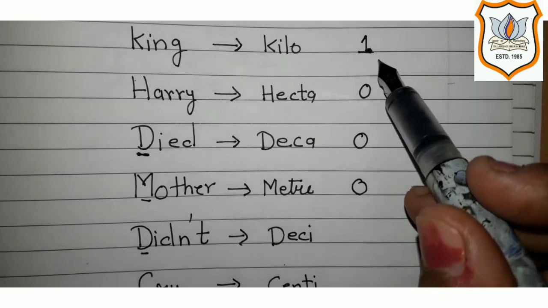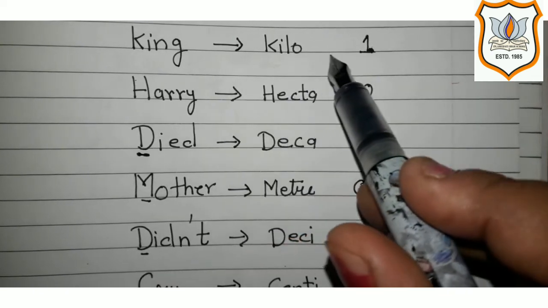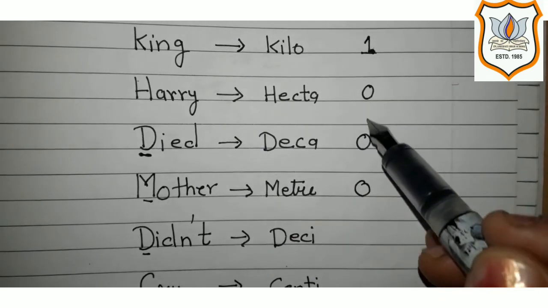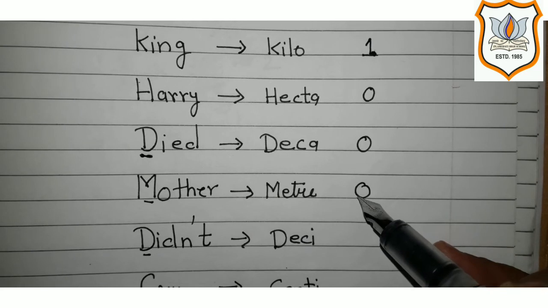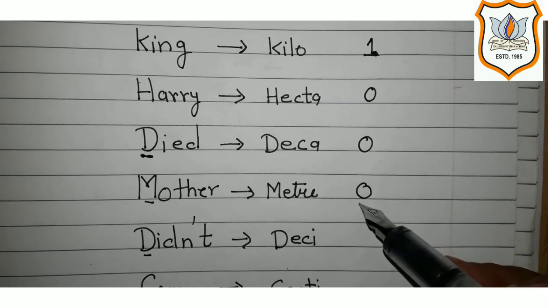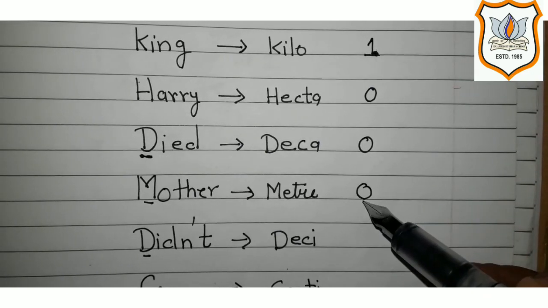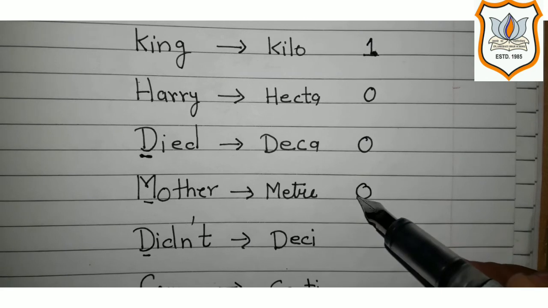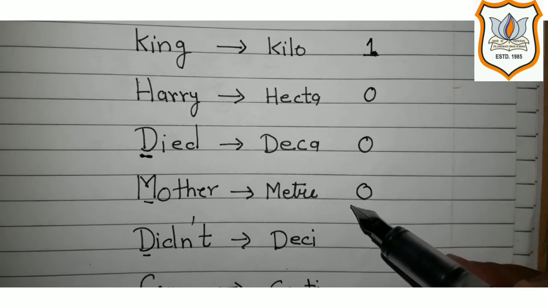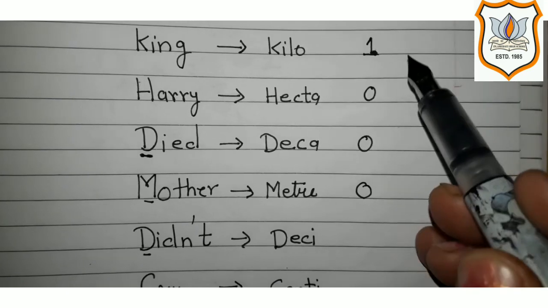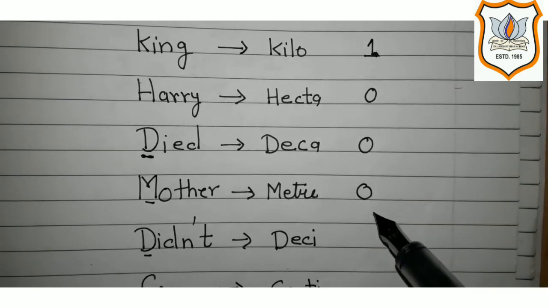So I will simply put 1 opposite to kilometer, and then keep on putting zeros until I reach meter. As you can see, after continuously putting three zeros in a row, I have reached meter. Therefore, the answer will be 1000. So I can say that 1 kilometer is equal to 1000 meters.